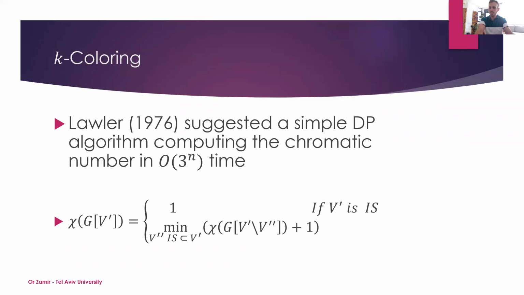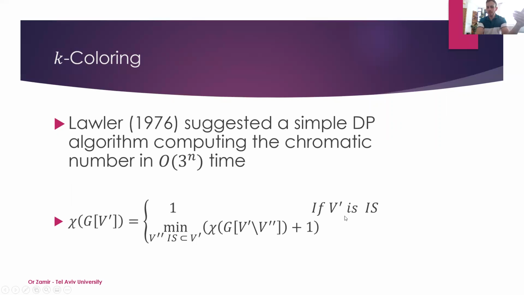So what would the dynamic program look like? We will just go over all subsets of vertices, let's say in ascending order of their sizes. And now we will compute the chromatic number of the induced subgraph on that subset of vertices in the following way. If that subset of vertices is just an independent set, then we can color it with one color. This is our base case.